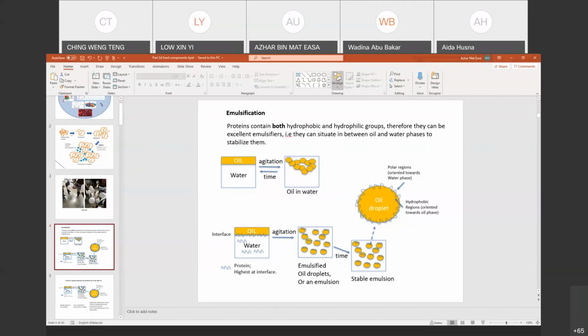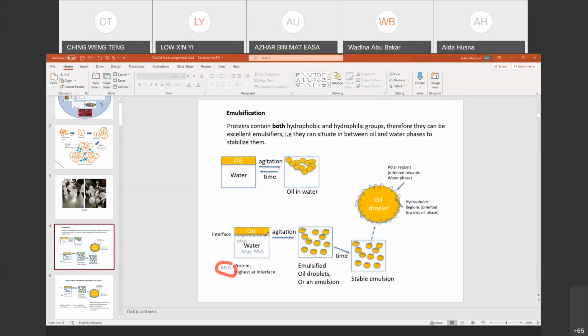Actually, any other emulsifier can do. So that is the protein, noted as that. And this area here is the interface.